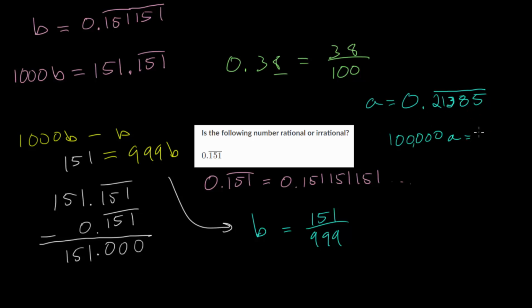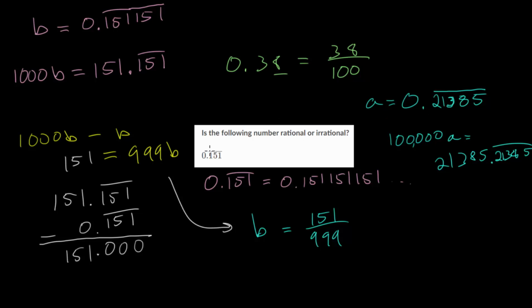And by multiplying it by 100,000, you move the decimal 5 places, and you get 23485.23485, and that decimal will be repeating still. So that's the trick. You would subtract these and then line them up and subtract like we did here, and you'd be able to solve for what that fraction is.